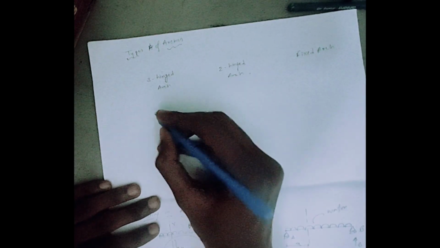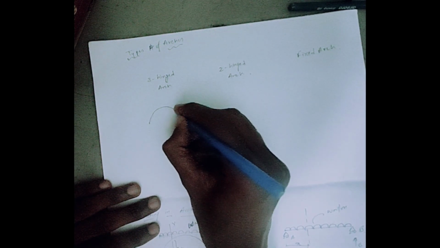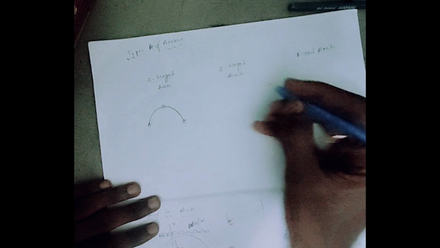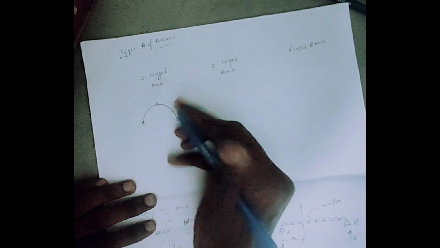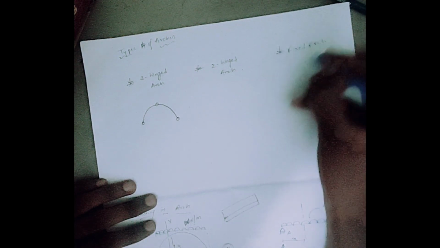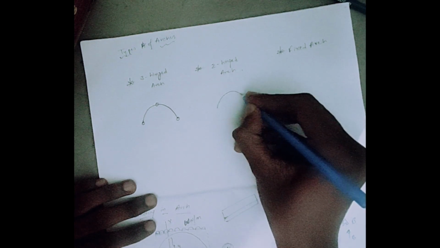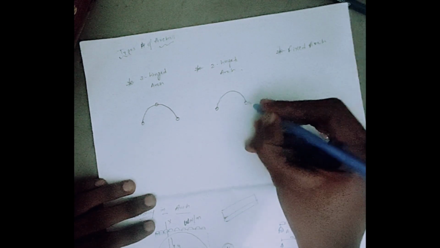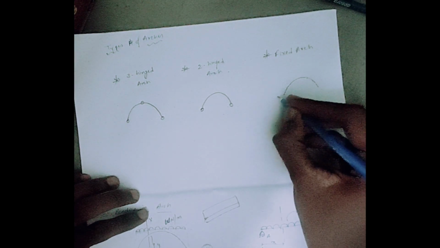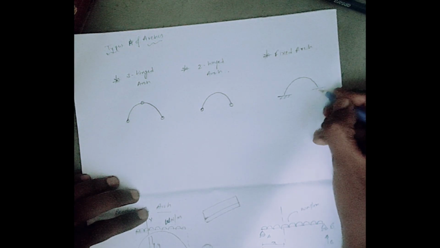See the diagram: in the 3 hinged one, this is a hinge, this will be a hinge, and there will be a hinge. This is a 3 hinged arch. Now this will be the two hinged one, and this will be the fixed one.